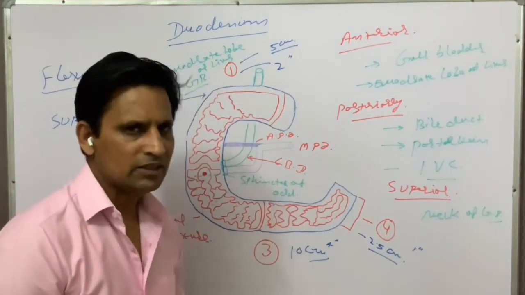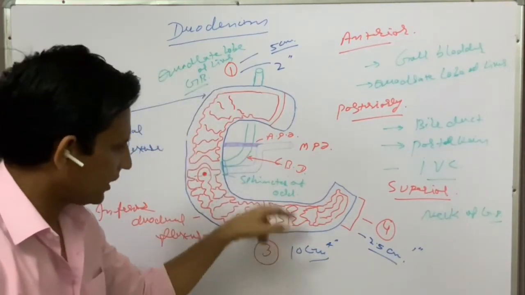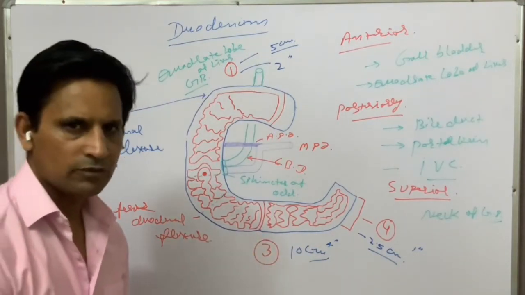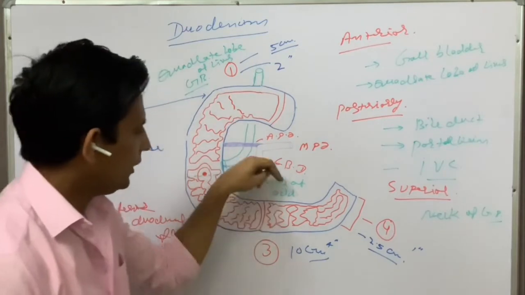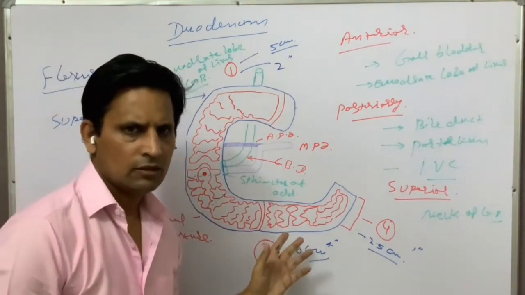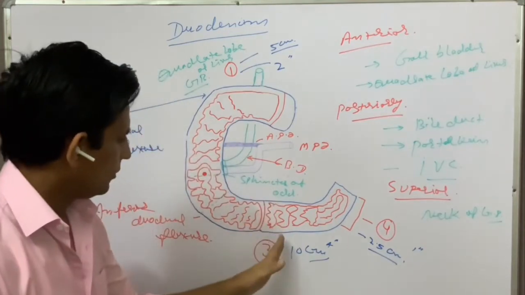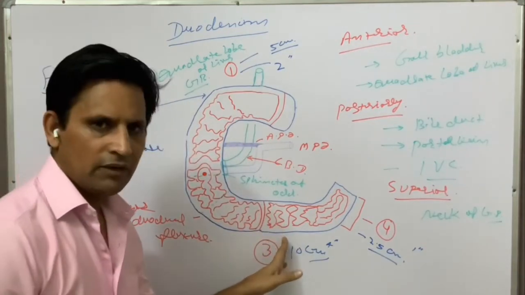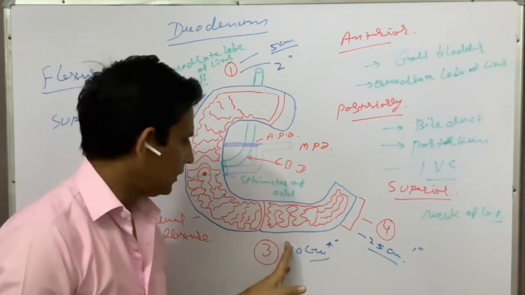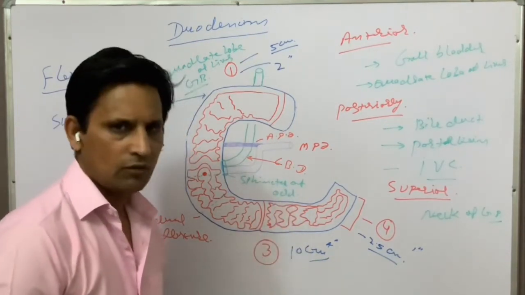These are the basic important structures which lie just to the left or right of the midline. So it crosses these three: the vena cava, the abdominal aorta, and the vertebral column.